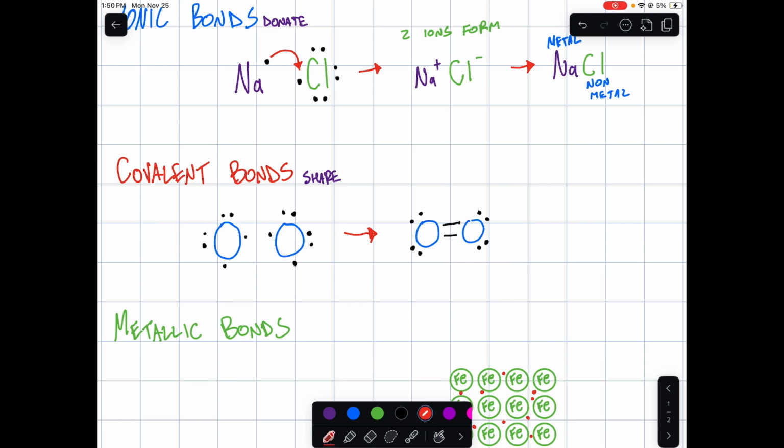Each one of these lines represents 2 shared electrons. Okay? So now each of them has 8 if you count the sharing, the 4 that are sharing as well. So oxygen has reached its octet. It's now stable as O2.